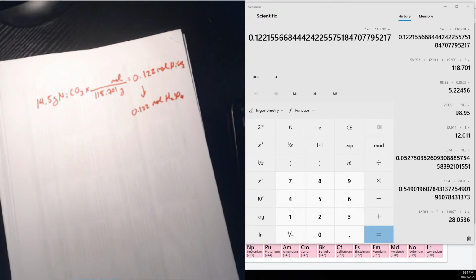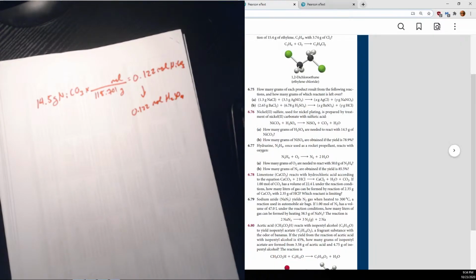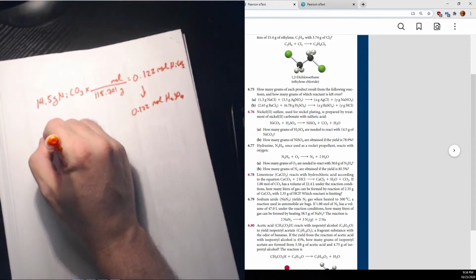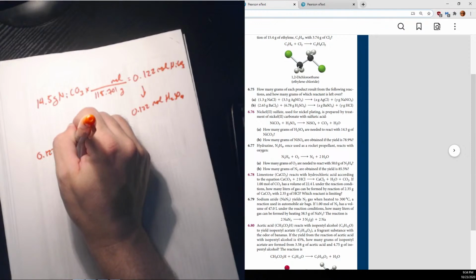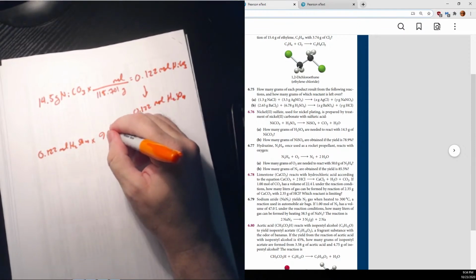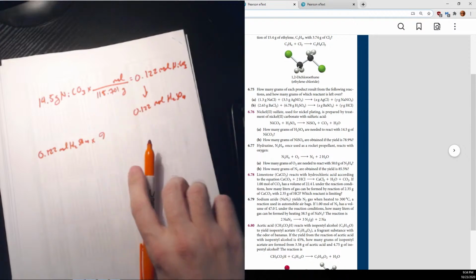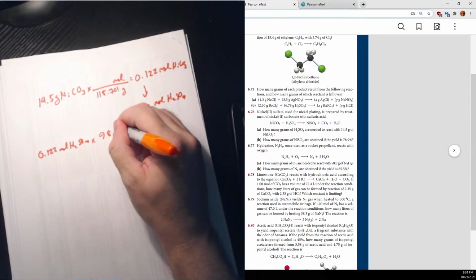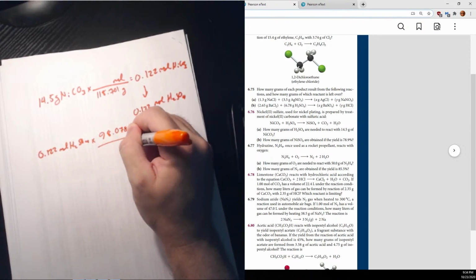So nice one-to-one relationship, wasn't it? Yeah. Okay. So 0.122 moles of sulfuric acid. So 0.122 moles of H2SO4 times 98.078, I think it is, grams per mole.